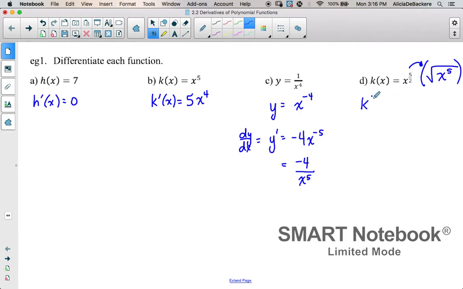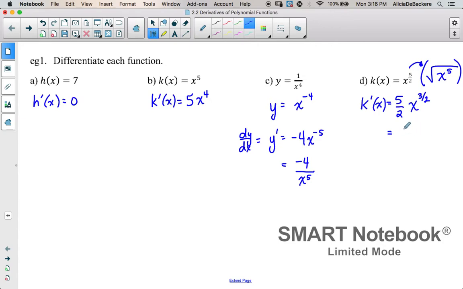When I take the derivative here, again, I'm going to use the power rule. I'm going to bring the exponent out front and it becomes a multiplier or a coefficient. And then I'm just going to subtract 1 from the exponent. So I had 5 halves. If I subtract a whole, then I'll end up with 3 halves. Again, to simplify this, no fractional exponents when I'm simplifying.